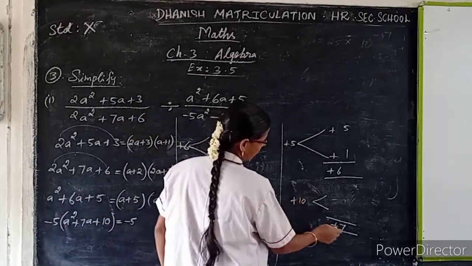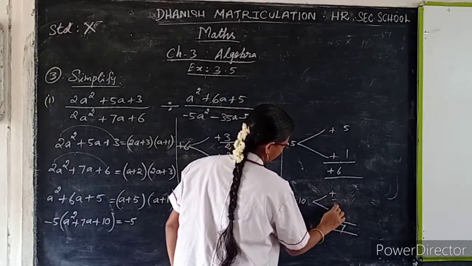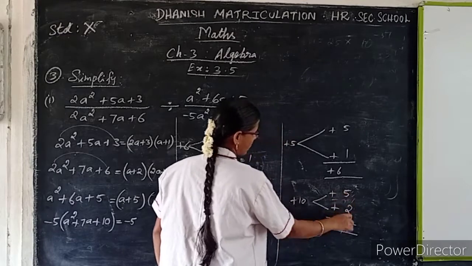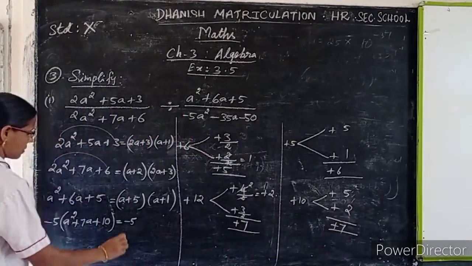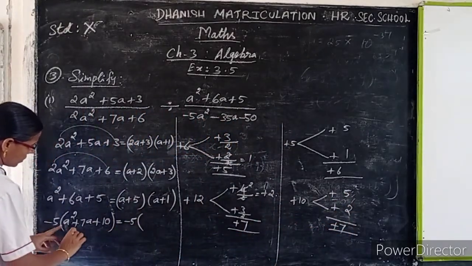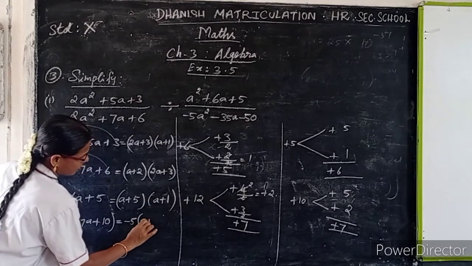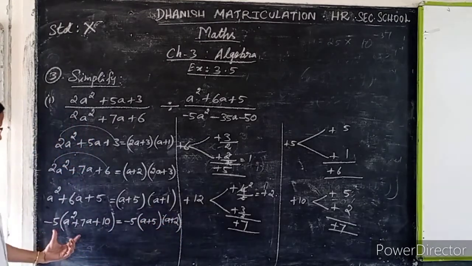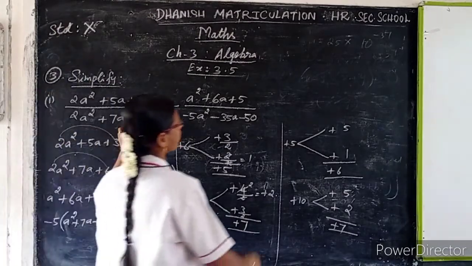Here also both the factors are plus plus. 5 2s are 10, so 5 plus 2 is 7. This is minus 5 into a plus 5 into a plus 2. These are the factors for this one. Now substitute here.